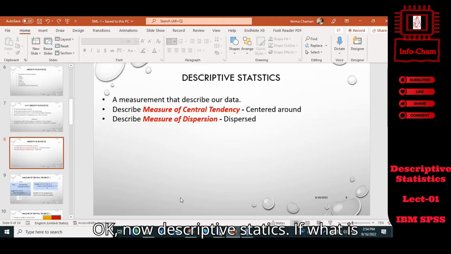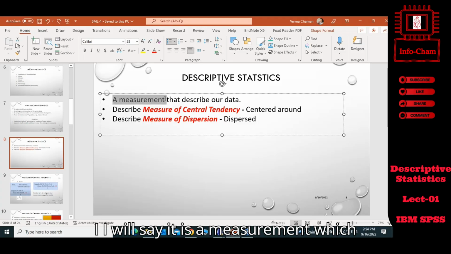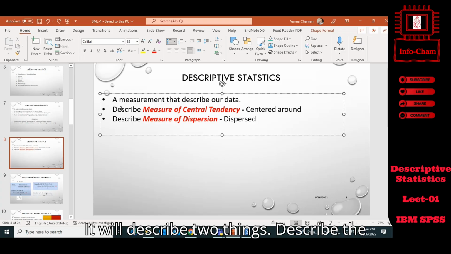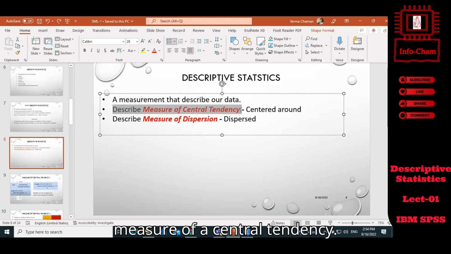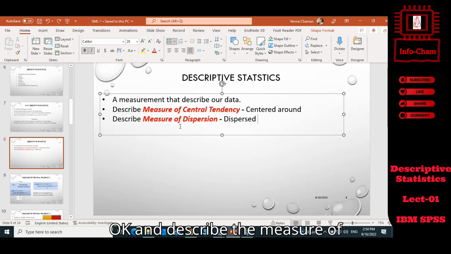Now, descriptive statistics, what is this actually? You can find a definition on the internet, and different authors say different things, but I will say it is a measurement which describes our data. It will describe two things: the measure of central tendency, and the measure of dispersion.